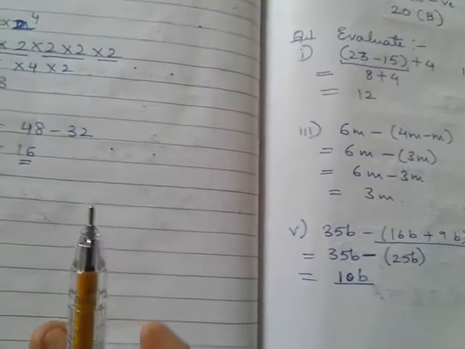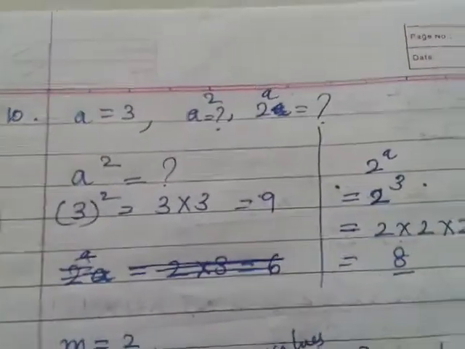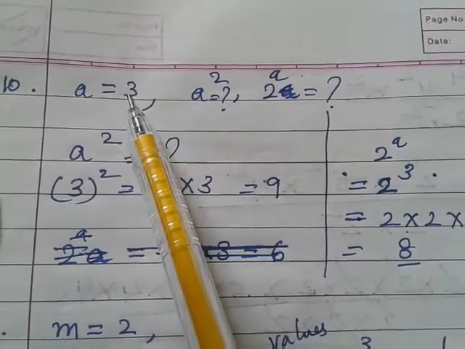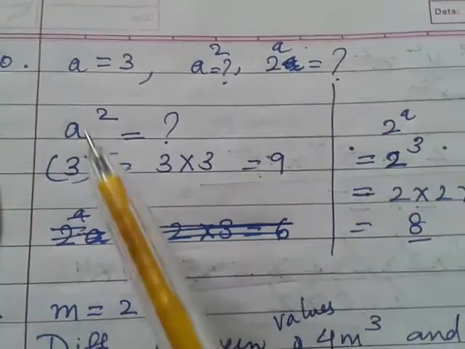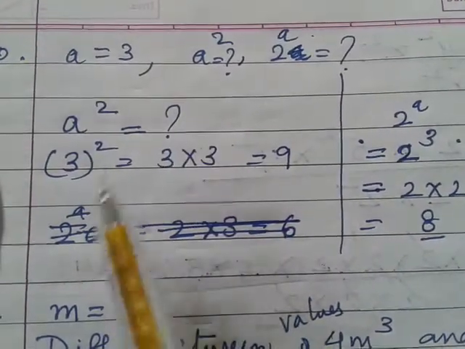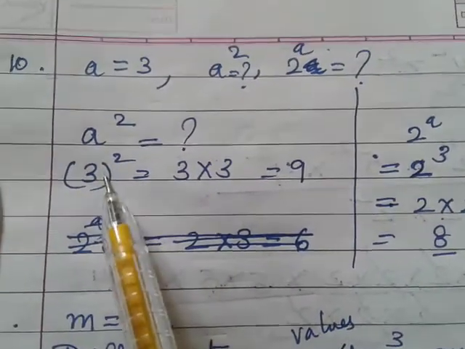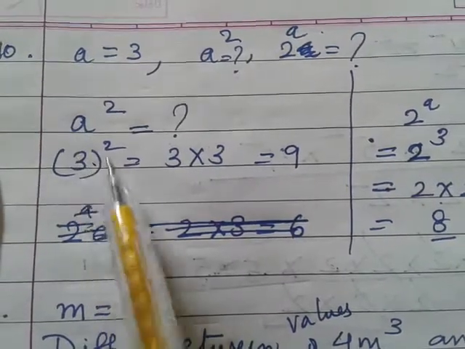All right. And question number 10, if you'll see, if a equals 3, find the values of a square and 2 raised to a. So a square, I have to solve. Substitute the value, nothing else. What is the value of a? Value of a is 3. So instead of a I have written 3 square.